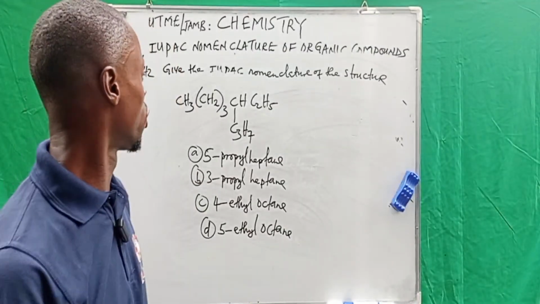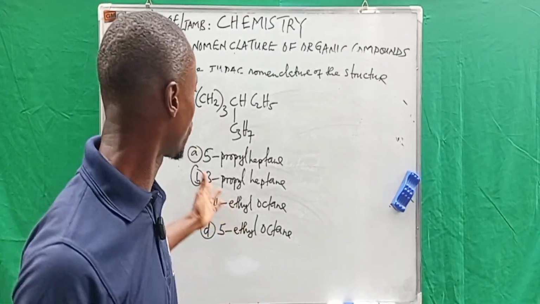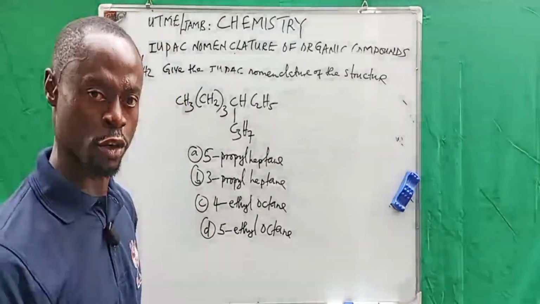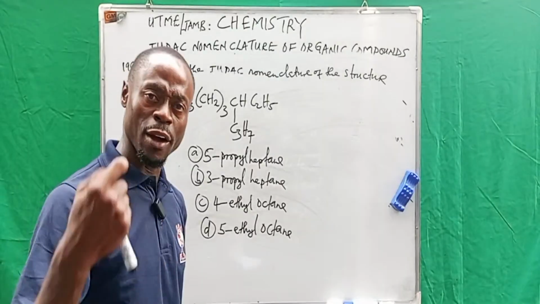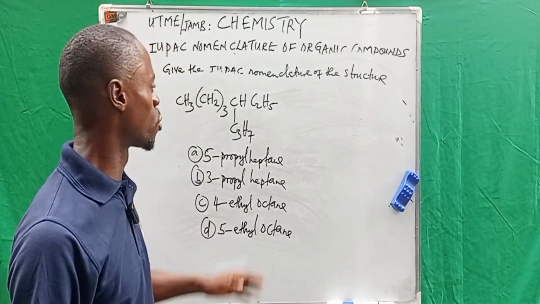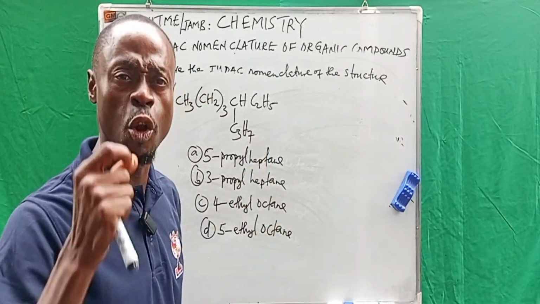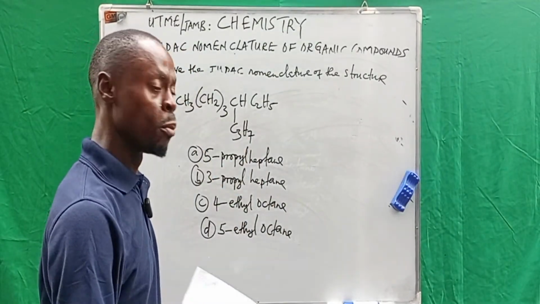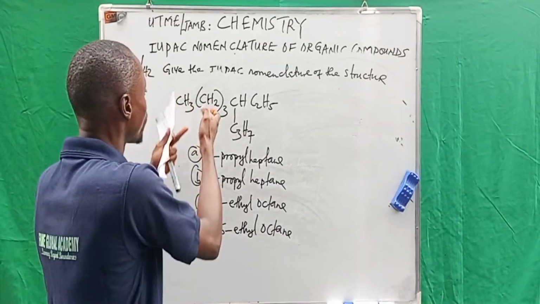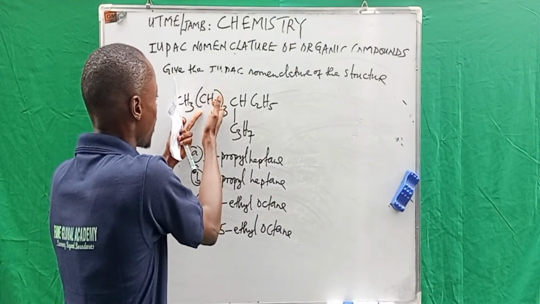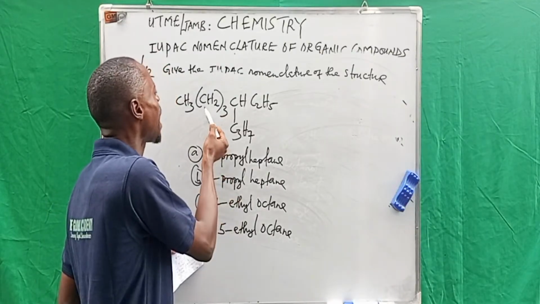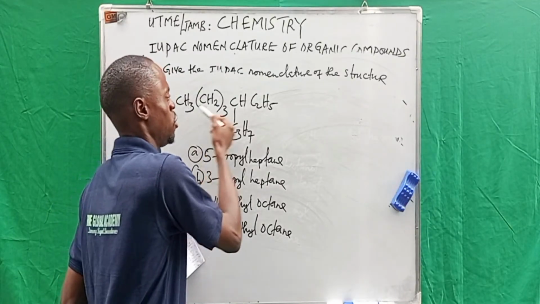We have a structure on the board and we are asked to provide the IUPAC name of the structure. Repeatedly, I've set rules that first of all, locate the longest carbon containing chain in the structure. But look at this structure. We have certain atoms in brackets. What does that mean? It simply means that we have 3 atoms of carbon in this structure.